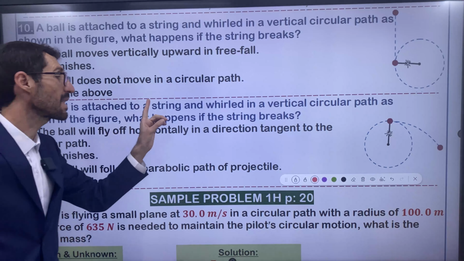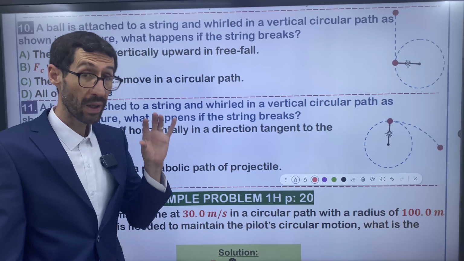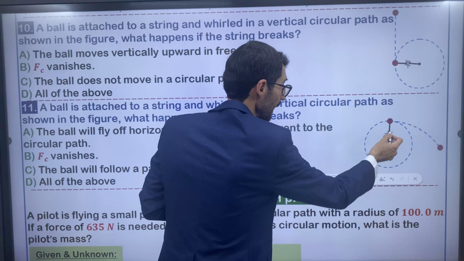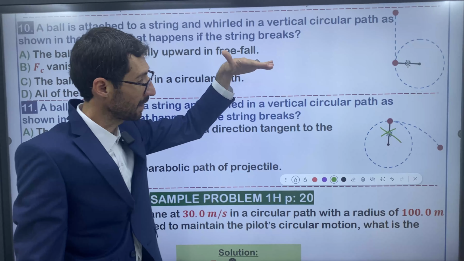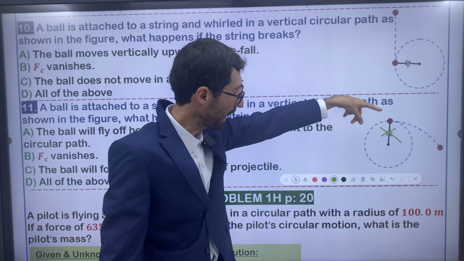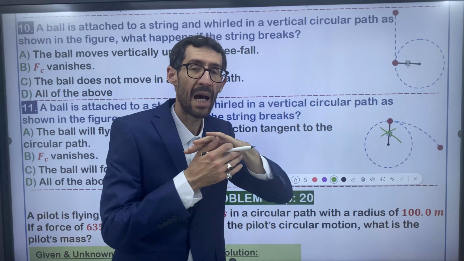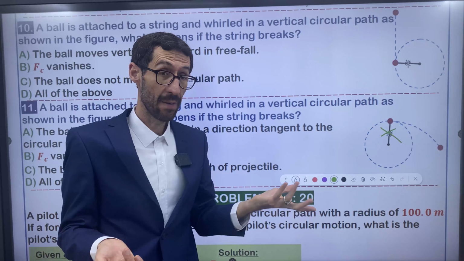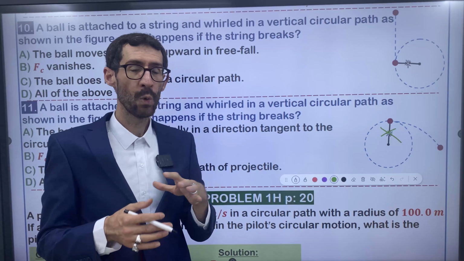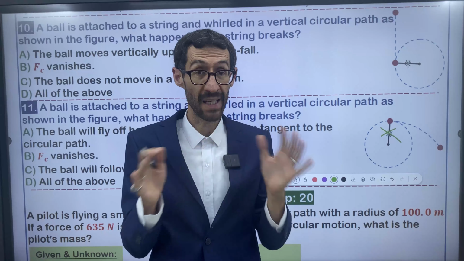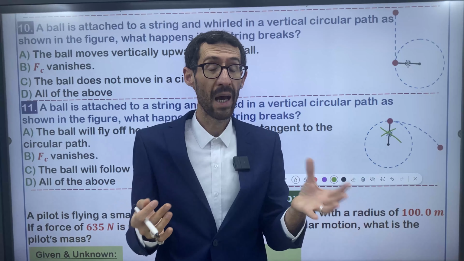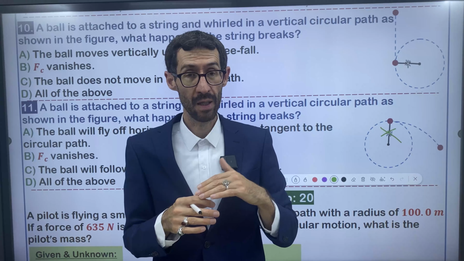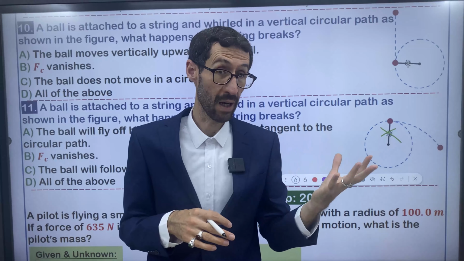What happens if the string breaks, especially here, when the object reaches the top of the circular path? Firstly, when the string breaks, FC vanishes, FC becomes zero. And when FC becomes zero, inertia of the ball overcomes the situation.